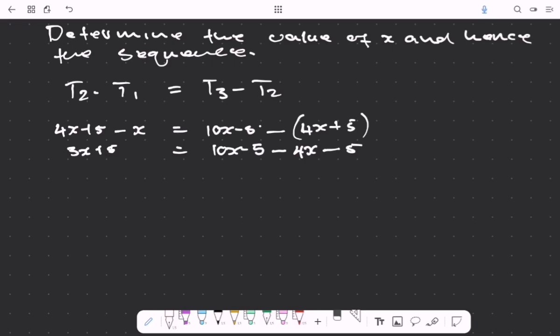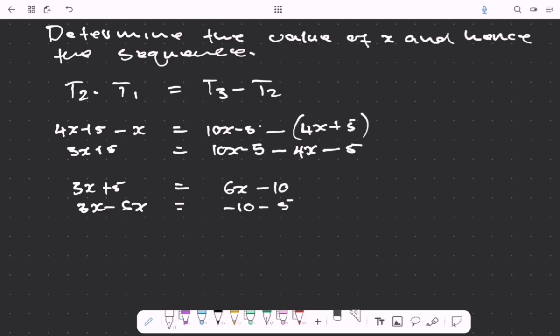All right, so let's continue solving. 3x plus 5 is equal to 10x minus 4x, that's 6x, and then minus 5 minus 5, that's minus 10. Let's take the terms that have x to one side and the other terms to the other side. So we have 3x minus 6x is equal to minus 10, and when 5 gets to the other side, it becomes minus 5.